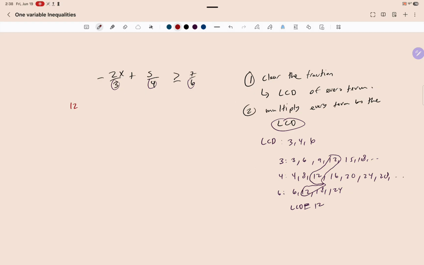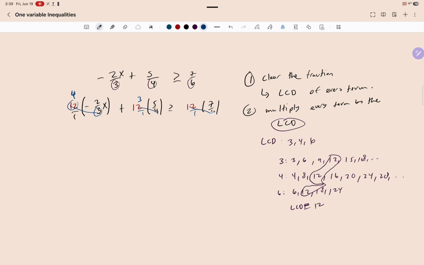So I'm going to write 12 and write 12, and in the middle, parentheses, plus 5 fourths greater than 7 sixths. And again, we're going to simplify. In other words, 3 goes into 12 4 times, so I'm writing 4 here. 4 goes into 12 3 times, so I put it there.